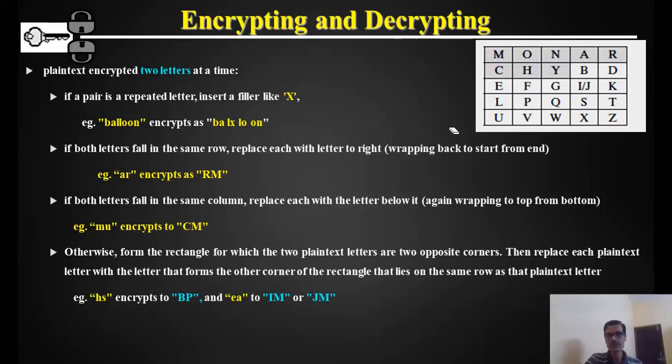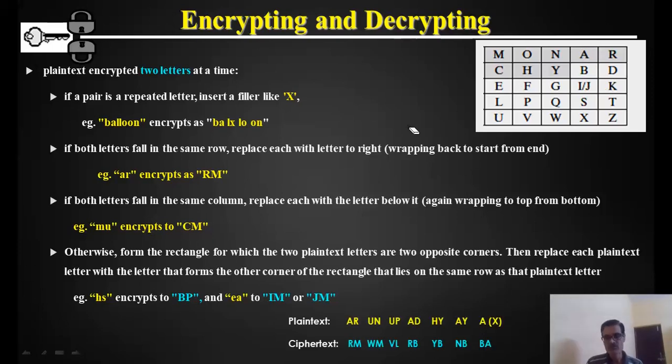Now suppose I have an example, my own name again. My name is Arun Upadhyaya, so it falls like ARUN UPADHYAYA. First, we have to convert this into digraphs or diagrams. So AR, there is no repetition over here, so I don't have to worry about my first step.